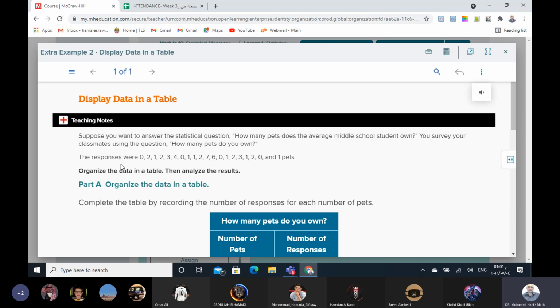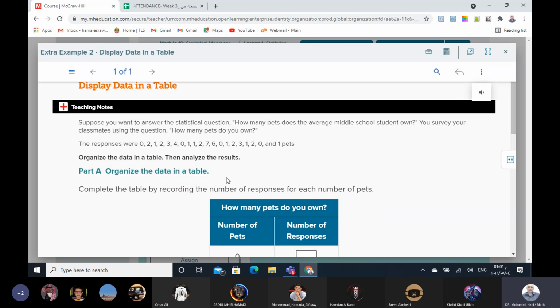The responses, this is the collected data here: 0, 2, 1, 2, 3, 4, 0, 1, 1, 2, 7, 6, 0, 1, 2, 3, 1, 2, 0, and 1 pets. This is the data. The question now: organize the data in a table, then analyze the result.